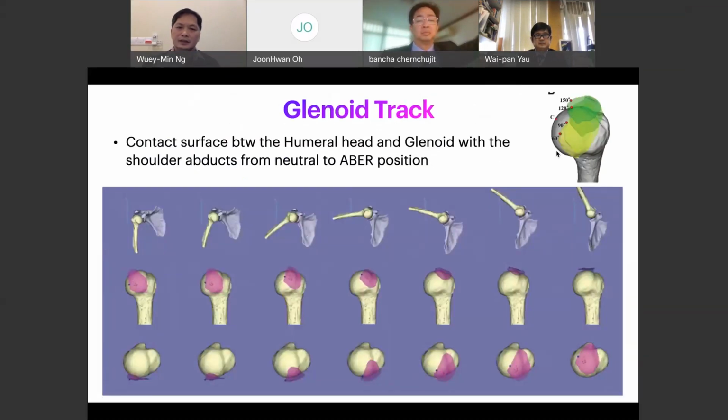The other concept, by Professor Itoi, is the glenoid track, an interesting concept. They studied the contact surface between the humeral head and the glenoid as the shoulder moves from neutral to abduction and external rotation. They studied how the humeral head sits on the glenoid throughout this motion.